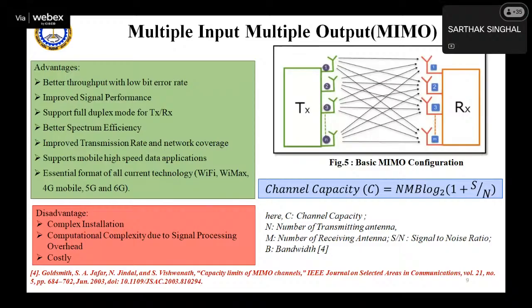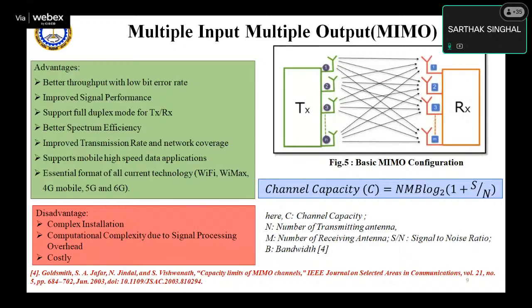So the advantages of this MIMO are, you can achieve a better throughput with low bit error rate, because the signal which is traveling in the line of sight communication manner will have a lower attenuation and lower bit error rates. So you can get better throughput, and the signal performance will be pretty high.